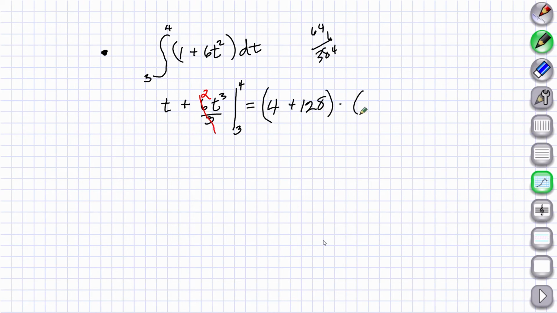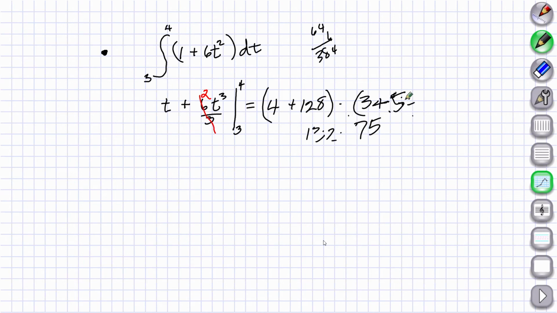Minus 3 and 27 times 2, 54. And the pins, 132 minus, how much, pins? 75.